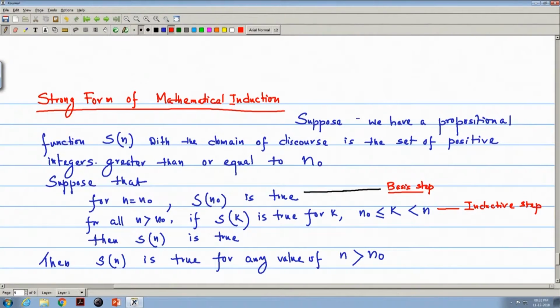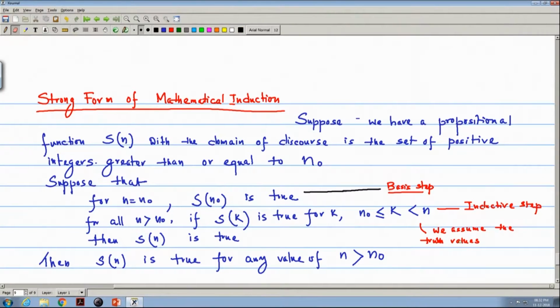That means, in the inductive step, we assume the truth of all preceding statements.